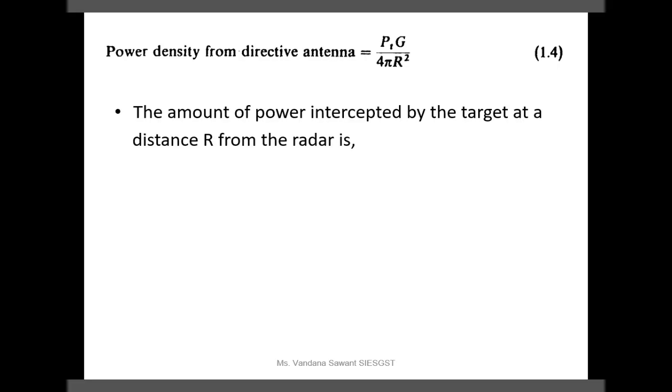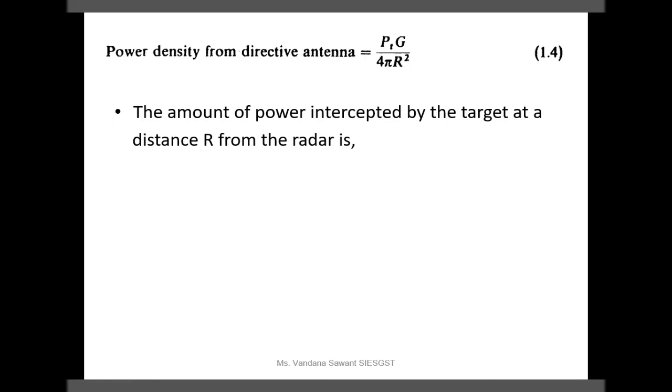The amount of power which we are transmitting from this radar towards the target is given by PtG upon 4 pi r square. Now this power is intercepted by the target. This power will illuminate some area or some part of the target, and that particular area illuminated by this transmitted power is called the cross-sectional area.